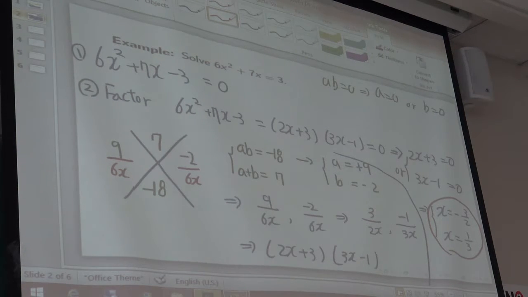Is there another way to figure out that the 2x should be plus 3? How did you know the 2x was plus 3? Well, as I said, this is one way. You can use that.